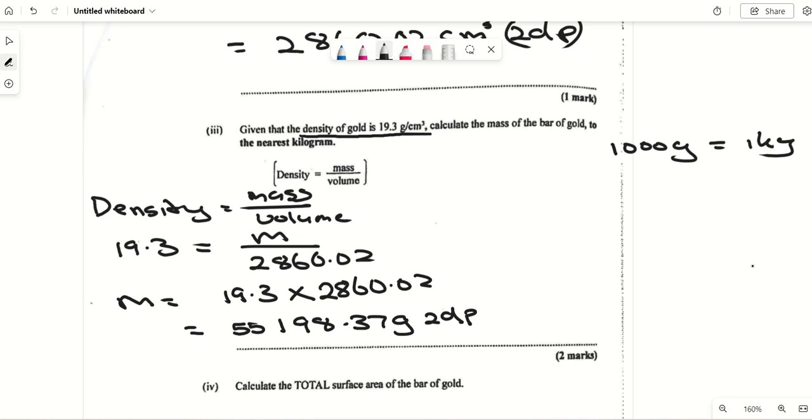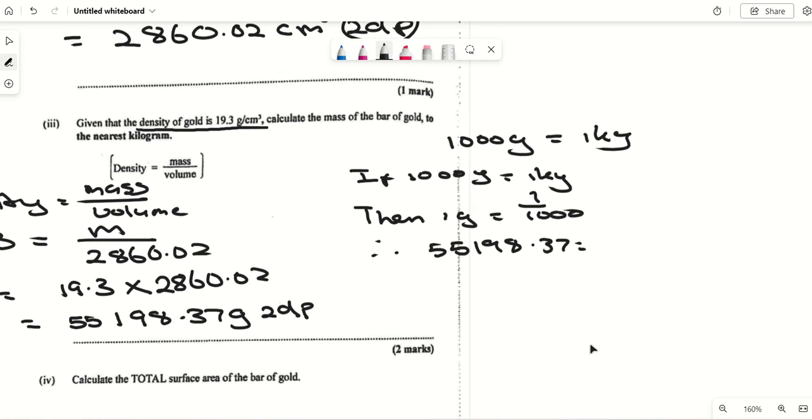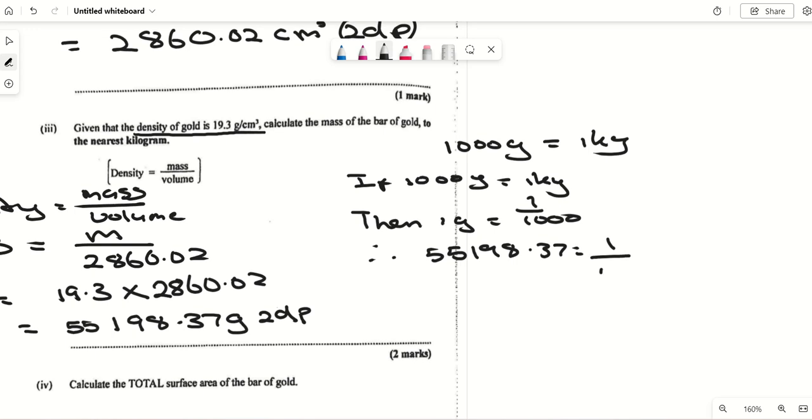So we know if 1,000 grams is equal to 1 kilogram, then 1 gram would be 1 over 1,000. Therefore 55198.37 would be 1 over 1,000 multiplied by 55198.37, which is going to give you 55.19837.